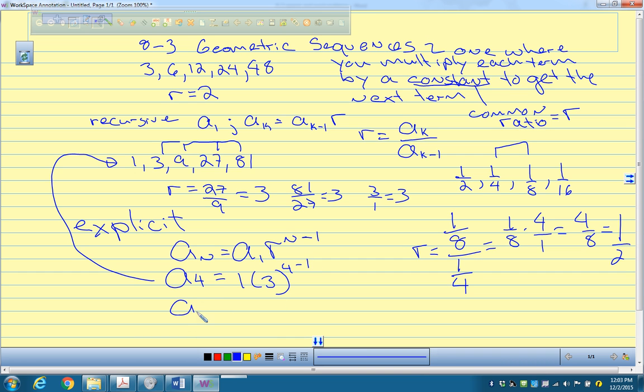So a sub 4, the fourth term, is going to be 1 times 3 to the third; you don't even need the 1, because 1 times anything is just itself. What's 3 to the third? 27. And there's the fourth term.